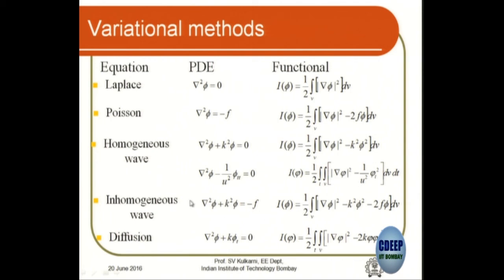And similarly for the inhomogeneous wave equation, when a source is there, for example at the antenna, when you are solving the fields at the antenna, then there will be a source, is it not? So when the source is there, you have this minus f, like you had in the previous example also.